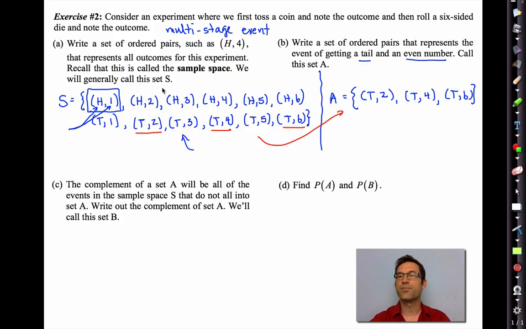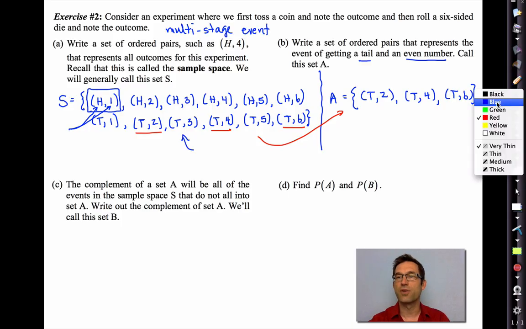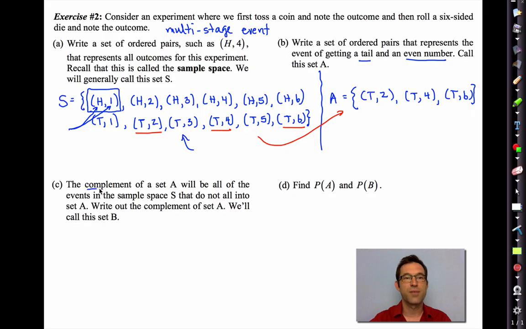Now letter C introduces us to another piece of terminology that's important with sets. The complement of a set, all right? The complement of a set will be all the events in the sample space, in S, that do not belong to set A. So sometimes we'll call that the complement, not A, right?